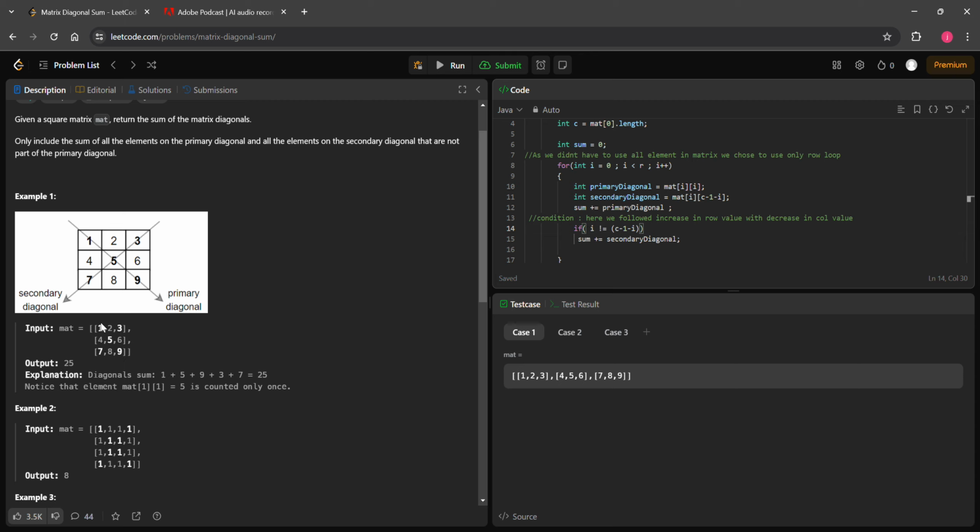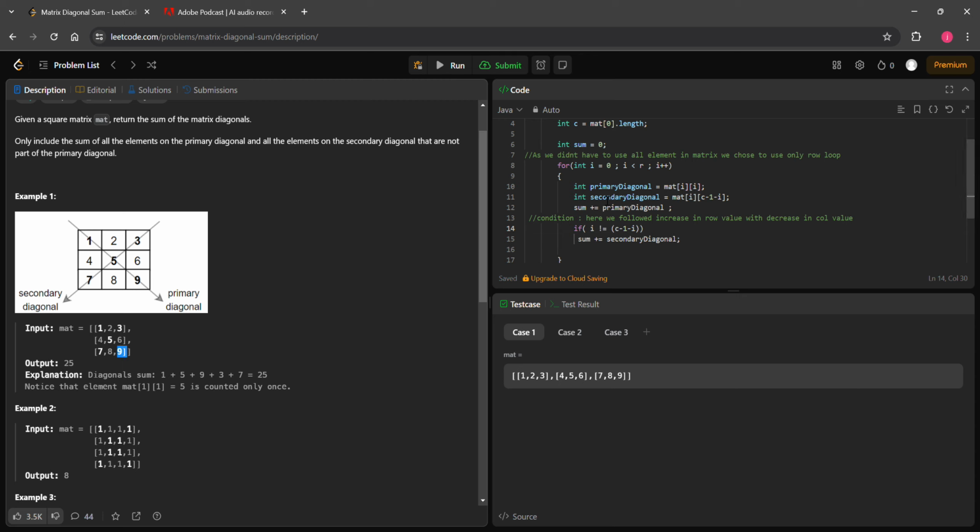And the column value is 0, right? So we got the 1. Now we need the value of 5, which is the primary diagonal. If the row value increases by 1, which is the first row, the column value is also the first, so it is 5. And the second row, the value of the diagonal is second and the column is also second.